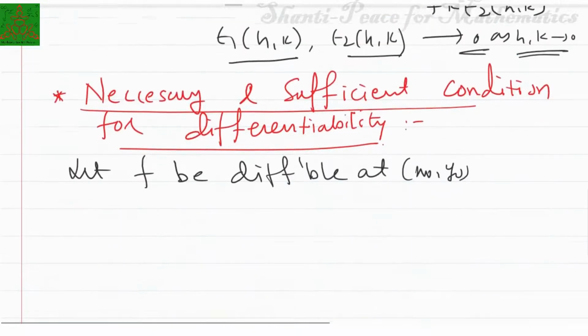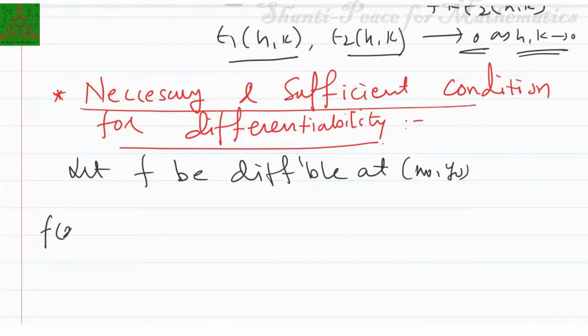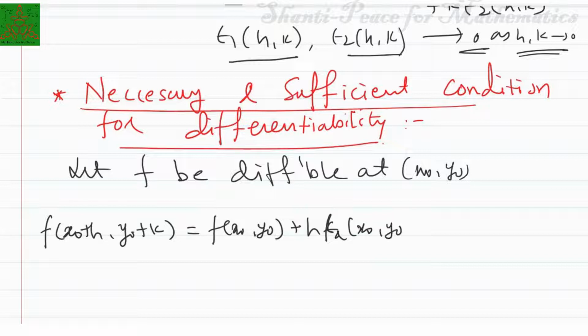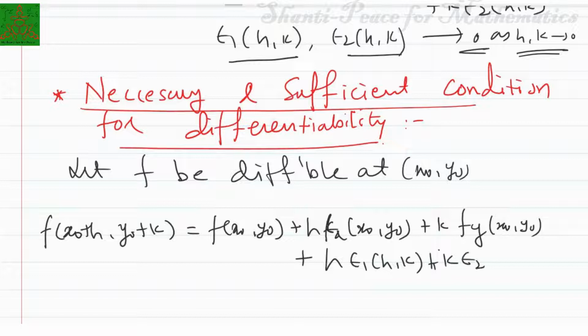So we can say that f of x0 plus h, y0 plus k equals f of x0 y0 plus h into fx at x0 y0 plus k into fy at x0 y0 plus h into epsilon 1 hk plus k epsilon 2 hk, where this epsilon 1 and epsilon 2 tend to 0 as hk tends to 0.